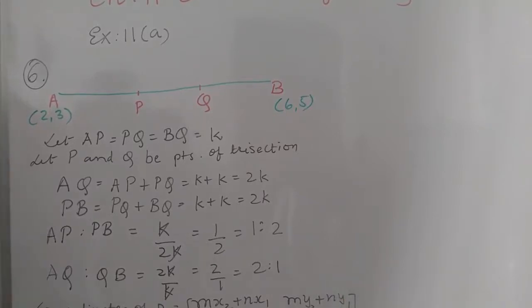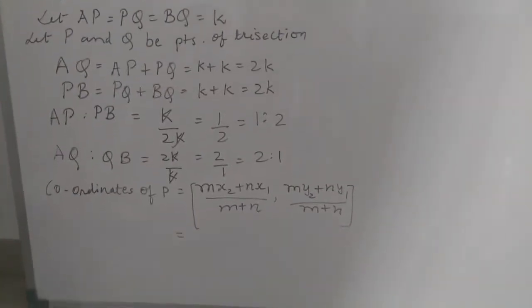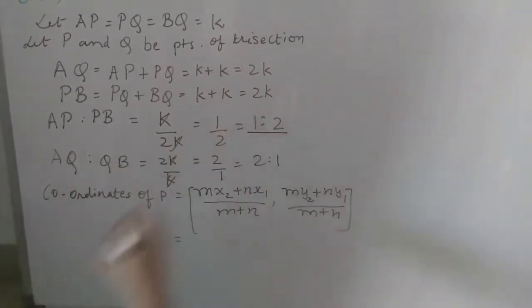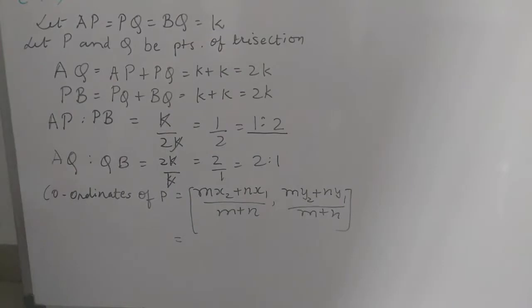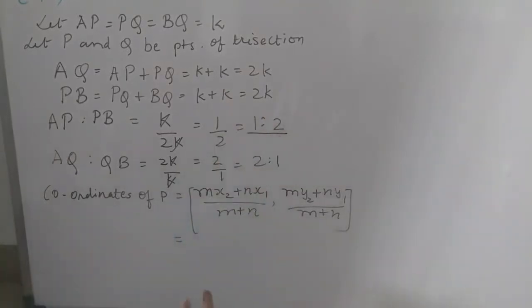So these are the 2 coordinates formulas we have for point P. Now we will substitute the values here. What is the ratio I told you for P coordinates? That is 1:2. Why? Because AP ratio PB is the division ratio of point P. Now here m is 1 and n is 2. So m means 1, times x2.